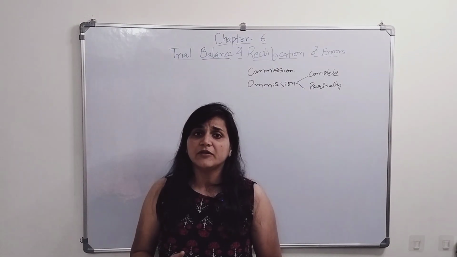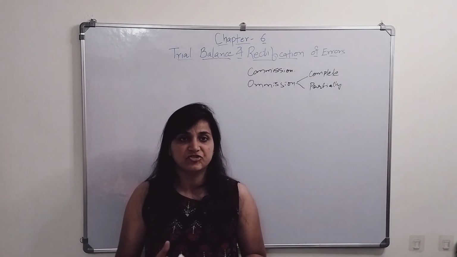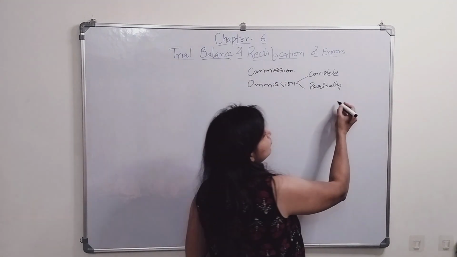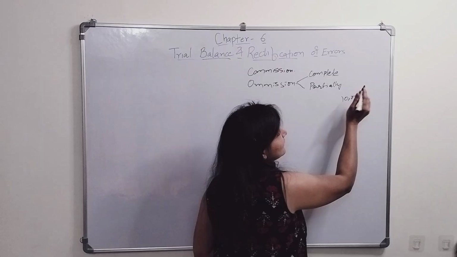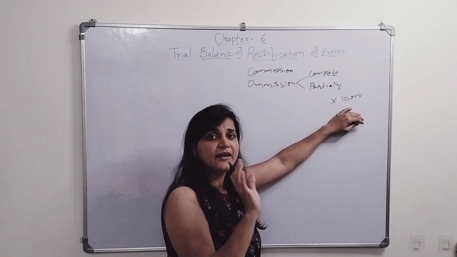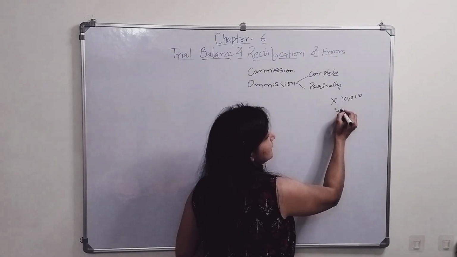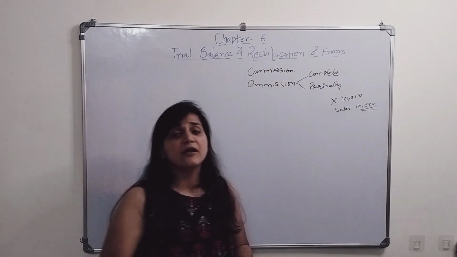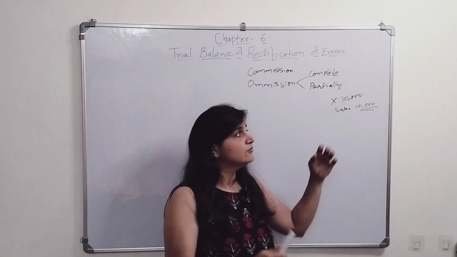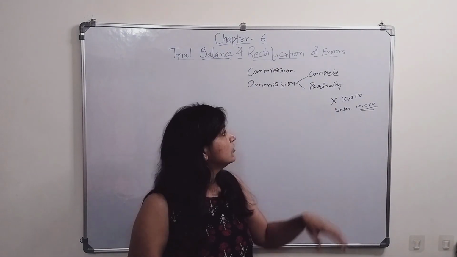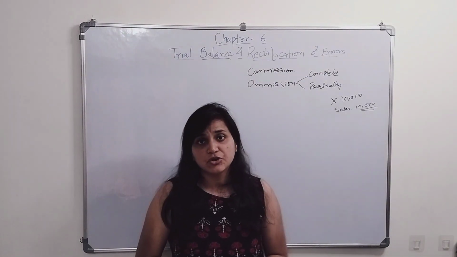The second possibility is a partial omission. Let's say I have sold goods to Mr. X worth rupees 10,000. I have shown this 10,000 in the sales book, the sales journal, but I completely forgot to record it in Mr. X's account. I didn't debit Mr. X's account with 10,000. So that is a partial omission.